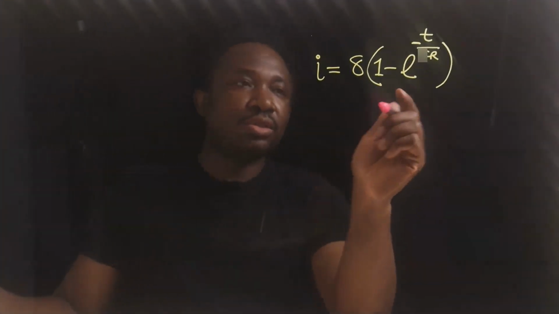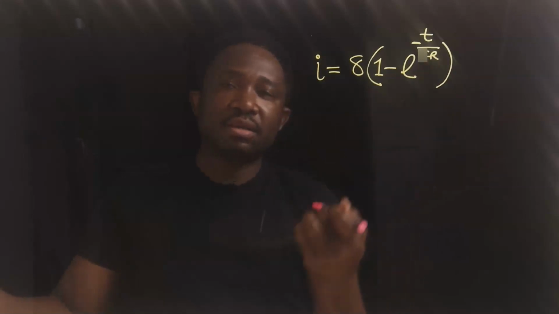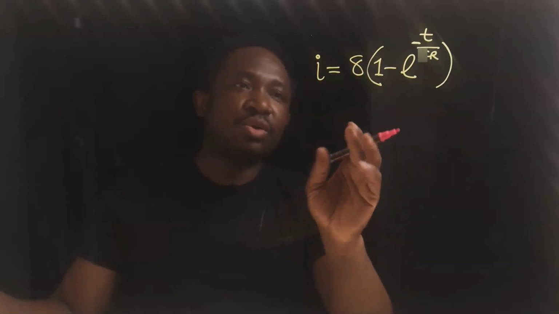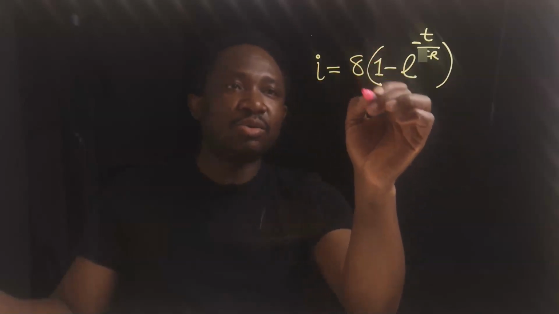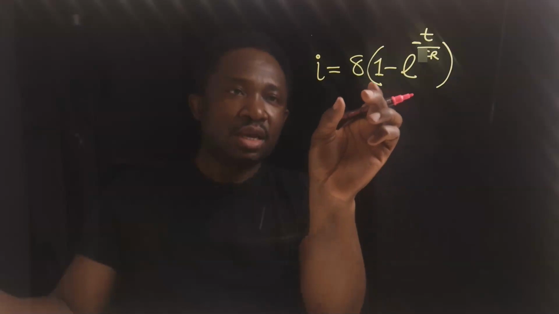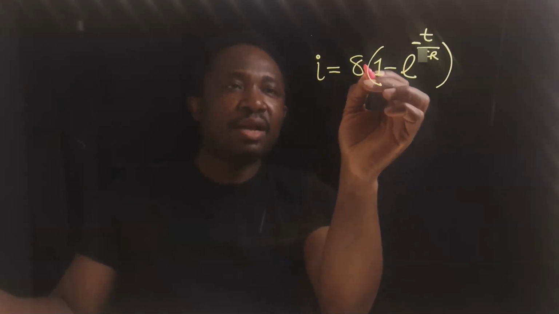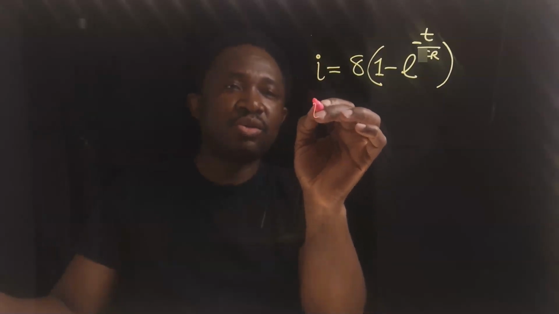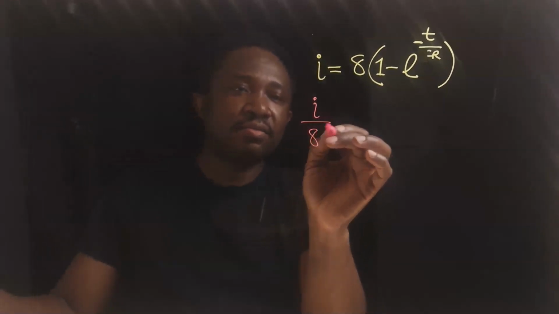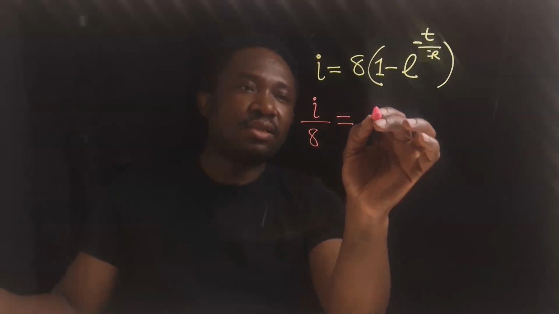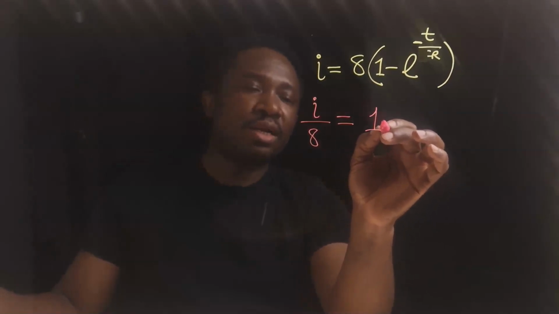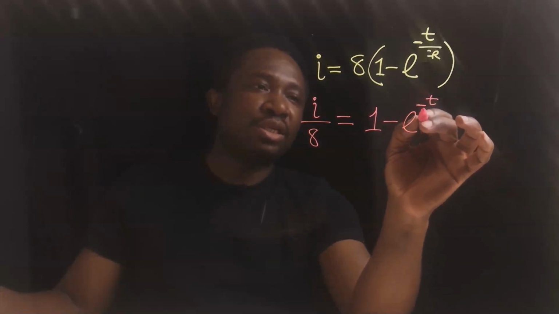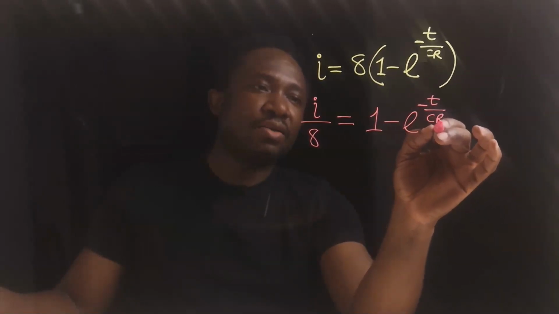In this equation, we're going to make r the subject. The first thing we're going to do is this 8 is outside this bracket. This 8 will leave, and because it's multiplying, on the other side it's going to divide I. On this side, we now have 1 minus exponential minus t over CR.